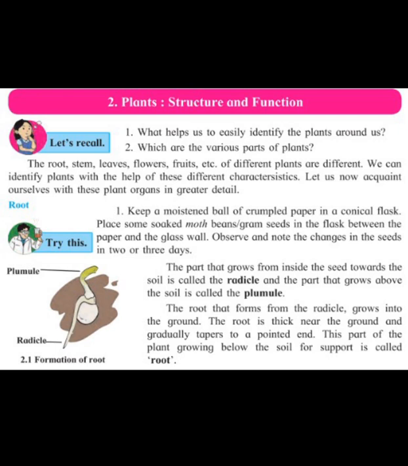Now the root that forms from the radicle grows into the ground. This root is thick near the ground and then it tapers to a pointed end. And as I said earlier, children, the part of the plant growing below the soil is called root.